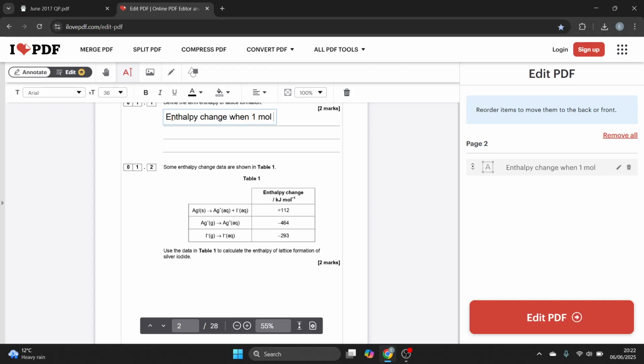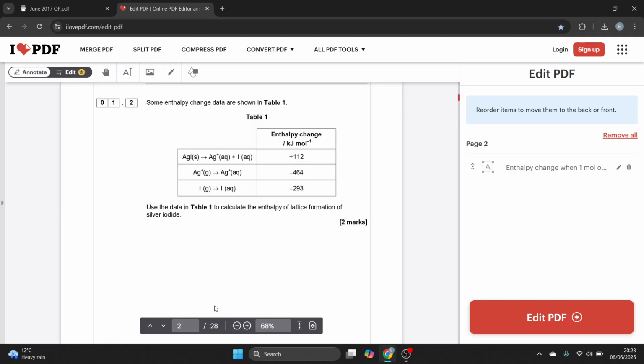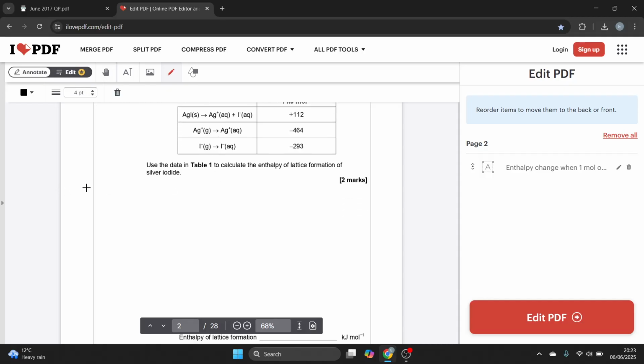So as we change, 1 mole of a solid ionic compound is formed from its gaseous ions. This one I'm going to go through, but not the big calculation questions. You guys know exactly what I mean. So this one, I'm going to have the aqueous ions at the bottom.